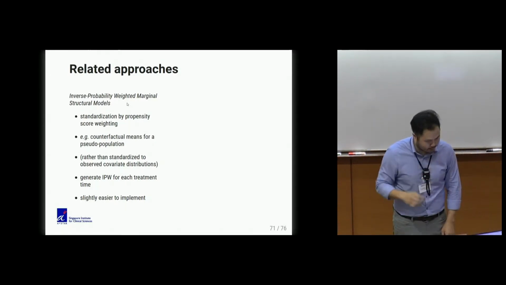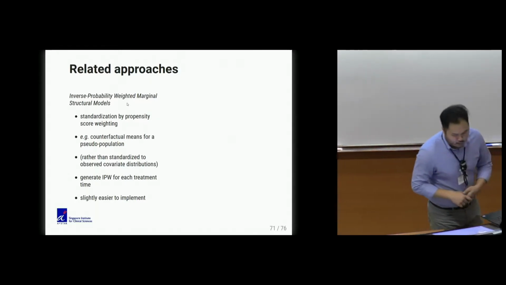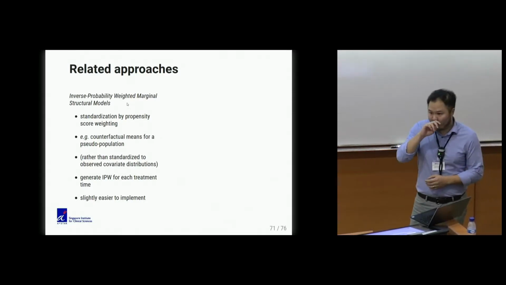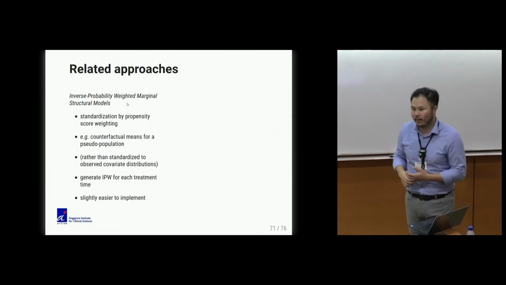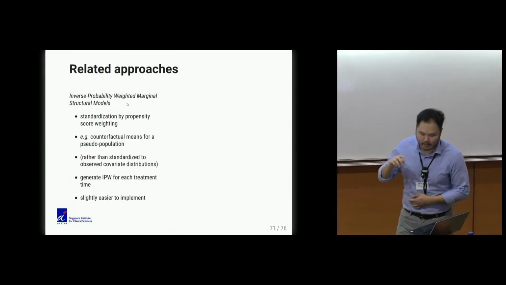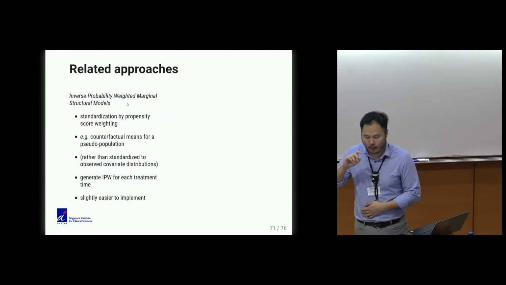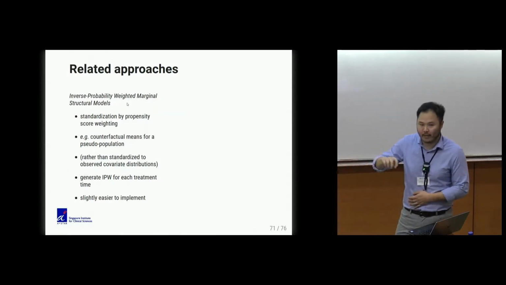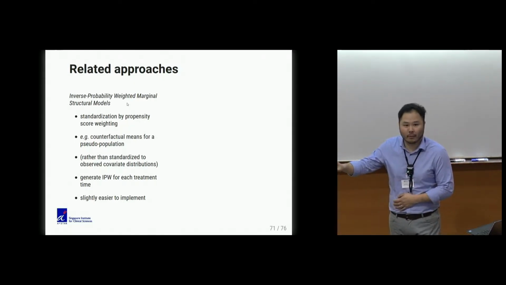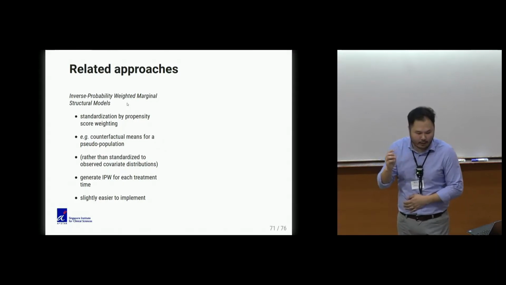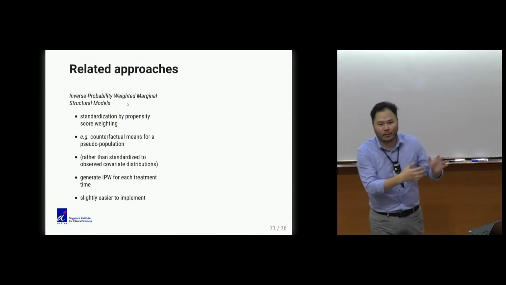So two last things to think about. Rather than a standardization approach by the simulation and inputting exposure variable, it's also possible and commonly done to use weights to estimate your parameters from a single regression model. And how that works is, remember the propensity score, that probability of treatment that we estimated before, you turn that into a weight.